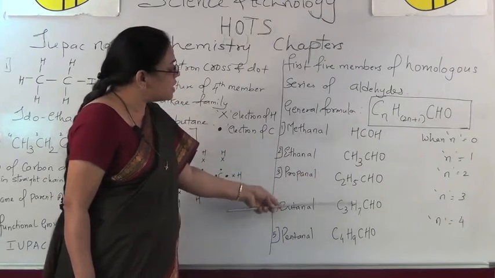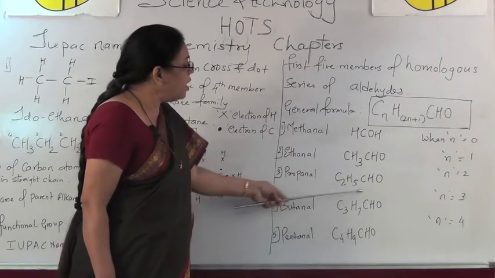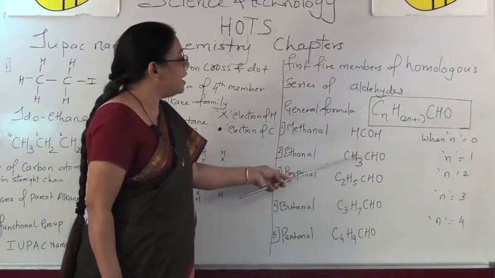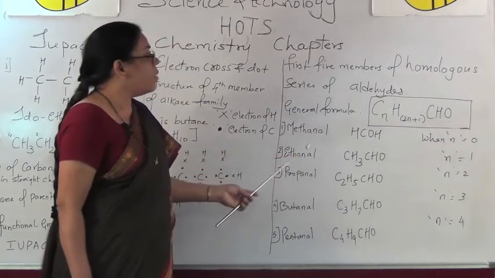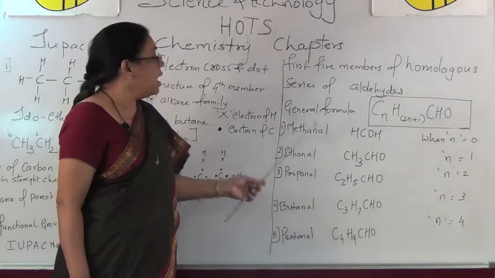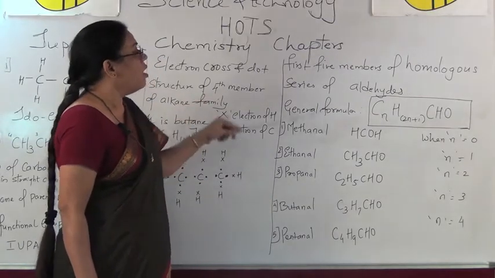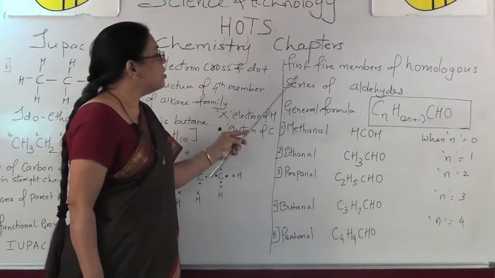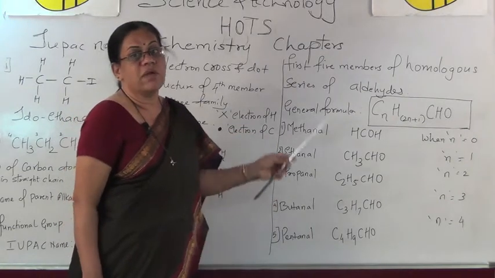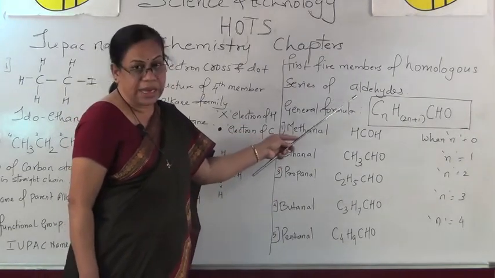In each case, you will find the aldehyde group placed at the end is the CHO group belonging to a particular parent alkane, and hence a family of aldehydes is formed, which is termed the homologous series of the functional group aldehyde.